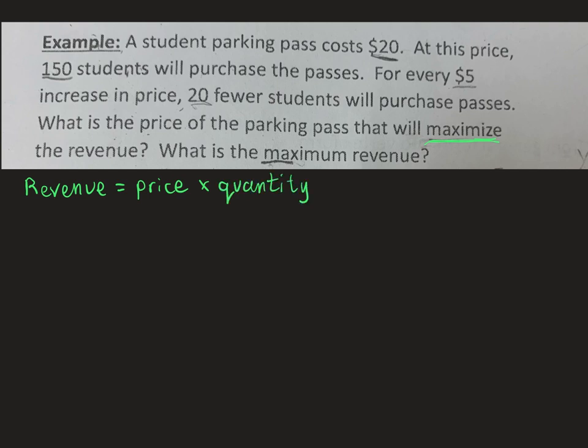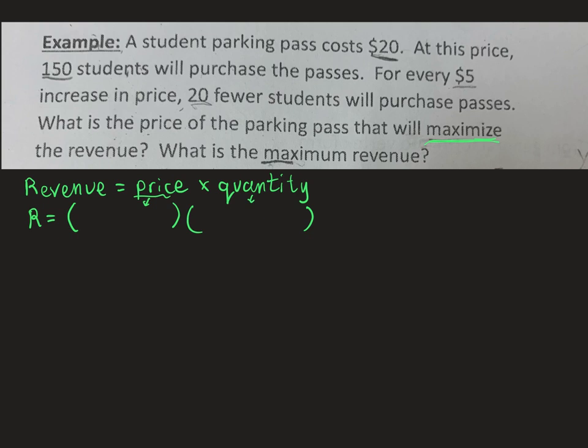So in this case, price obviously will be the price of the parking pass, and quantity would be how many students purchase these passes. So now we write this as R equals, and the first set of brackets will represent price. And then the second set of brackets is going to be our expression to represent quantity.